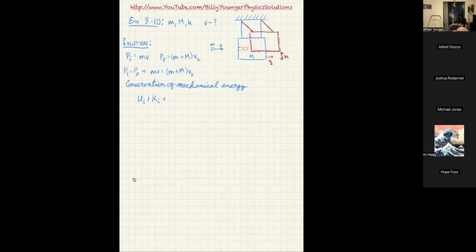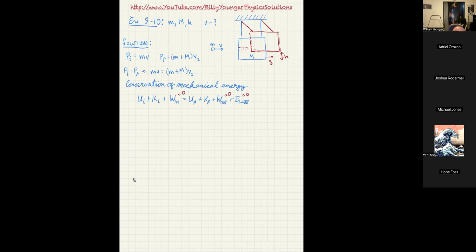I think that's what I used to call it. So plus work in is equal to U final plus K final plus work out plus E loss. So that was the version of conservation of energy I told you guys to use. We're going to say E loss is zero. We're going to say work out is zero. We're going to say work in is zero.